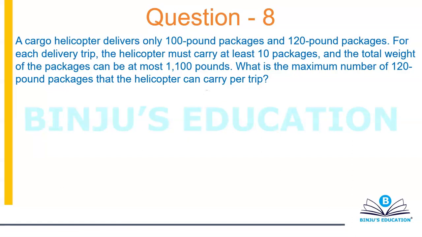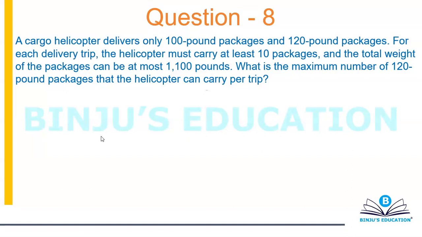All right, let's try this one. This seems to be a bit interesting compared to the previous questions. A cargo helicopter delivers only 100 pound packages and 120 pound packages. For each delivery trip, the helicopter must carry at least 10 packages.